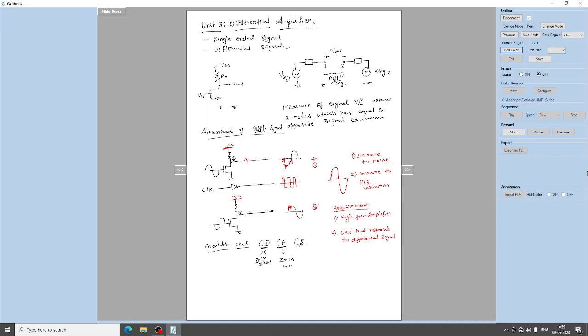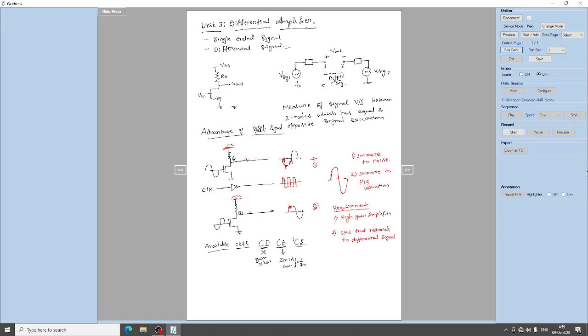If we observe the common gate, where the input is given to the source terminal, the input impedance is equal to 1 upon gm. This is very low, right? So that's why we cannot use the common gate for differential signal amplification, right?